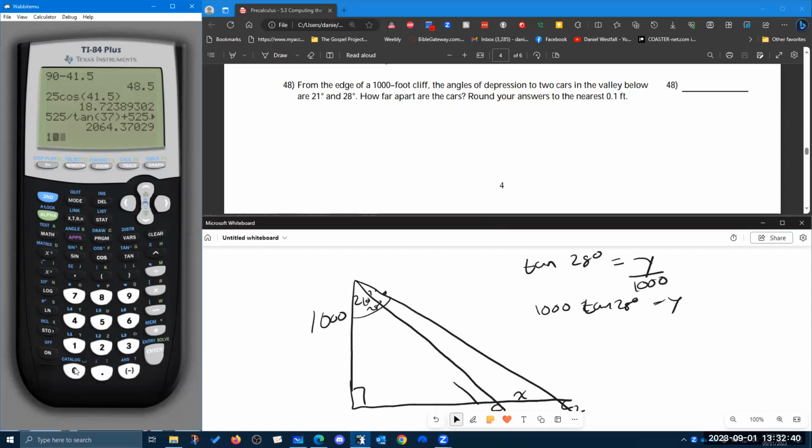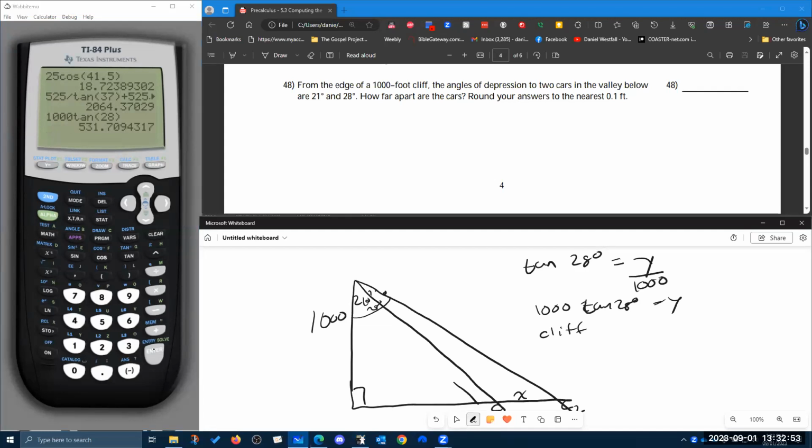So 1,000 tan 28. This is my big distance from the cliff to car 2. So cliff to car 2 is 531.7094317.